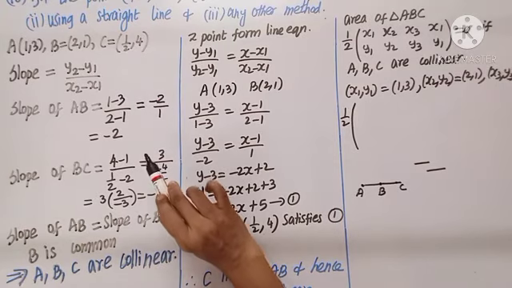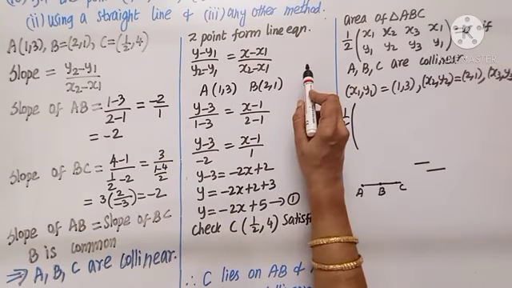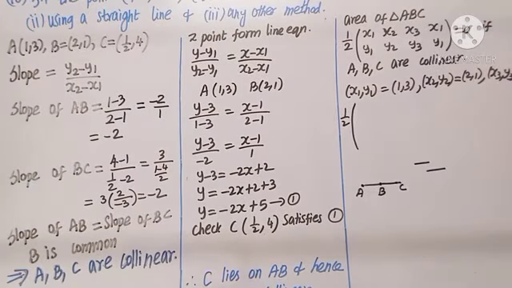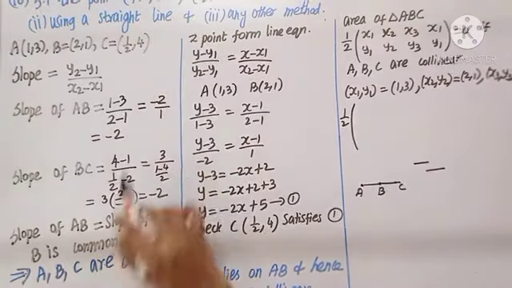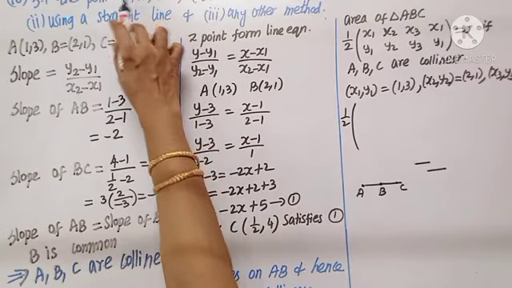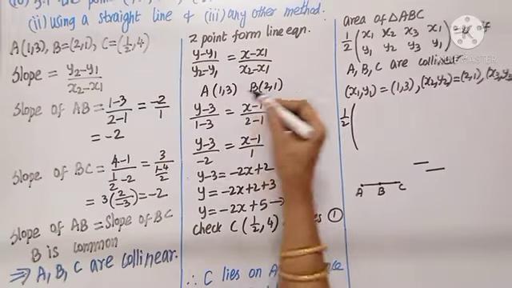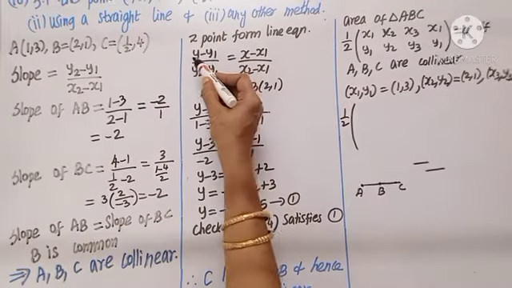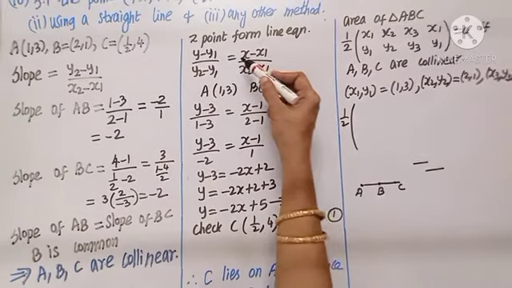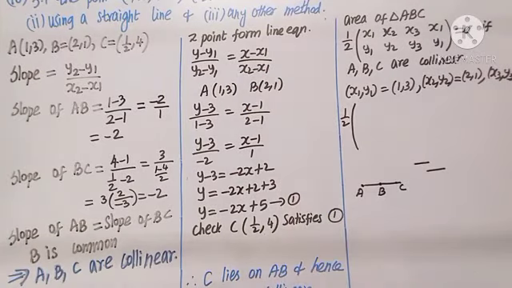The same problem I can also show using a straight line equation. Given three points, find the line equation joining any two. So I am finding the AB equation using (y minus y1) by (y2 minus y1) equals (x minus x1) by (x2 minus x1). We get the equation y equals minus 2x plus 5.